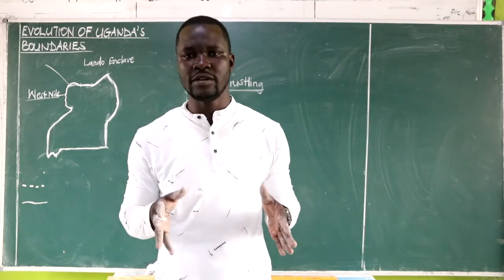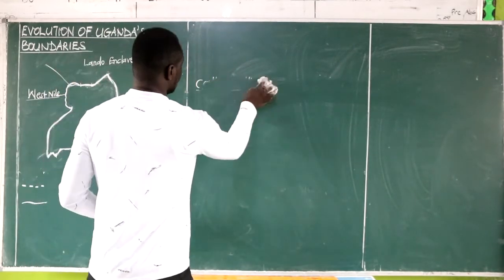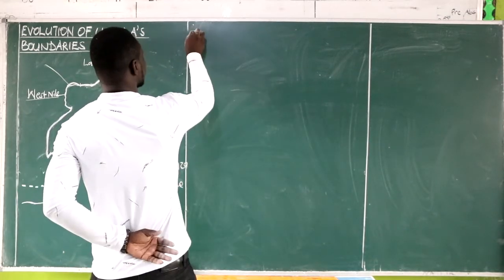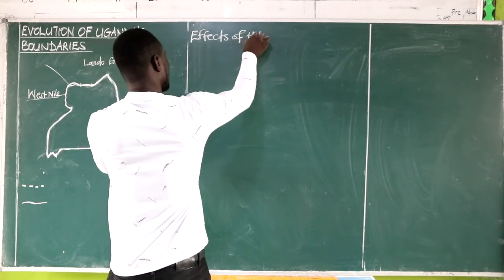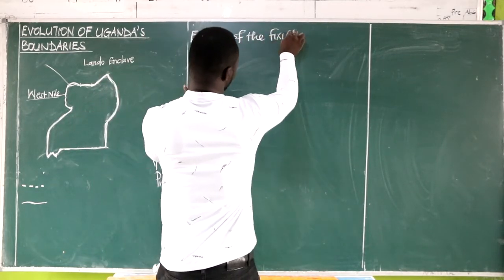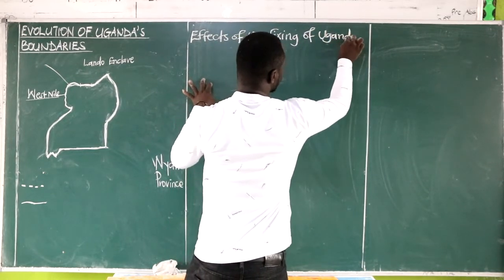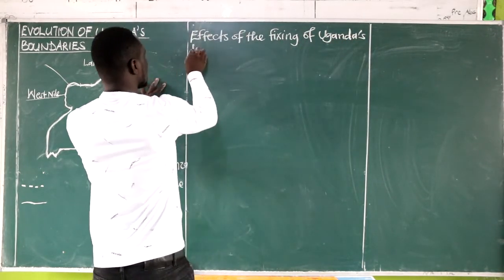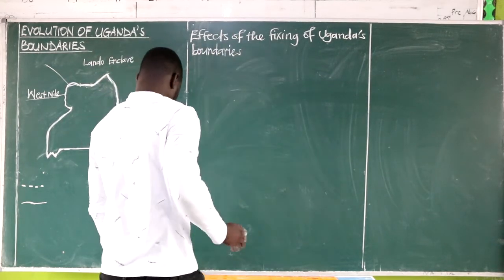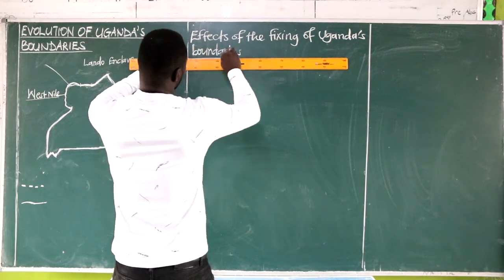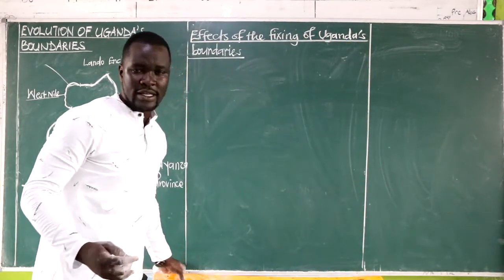After the fixing of these boundaries, we are going to look at the effects of the fixing of Uganda's boundaries. So we are going to understand what happened then.